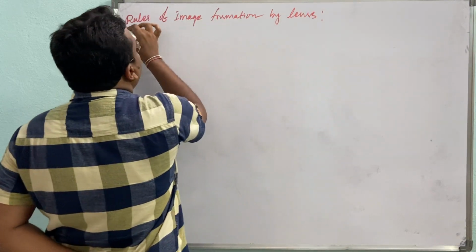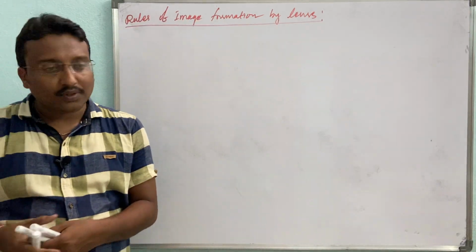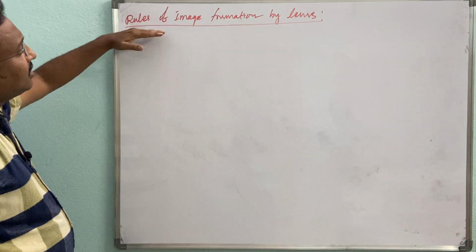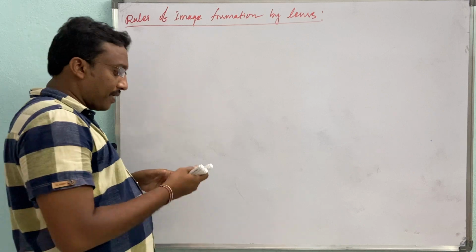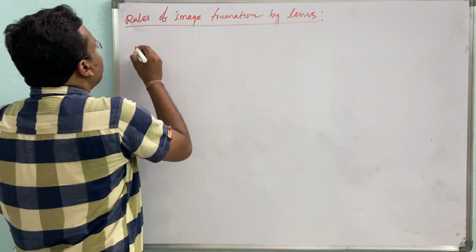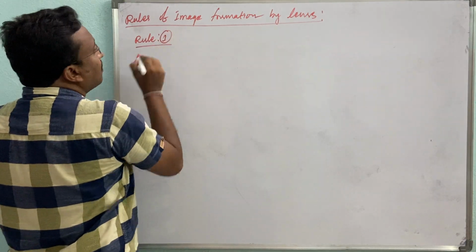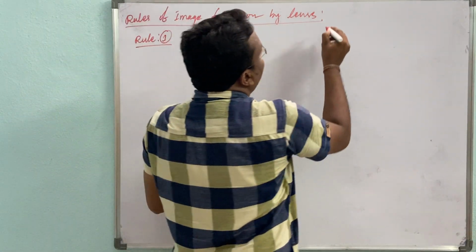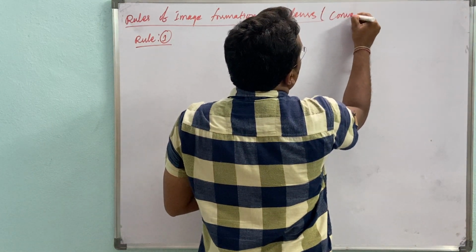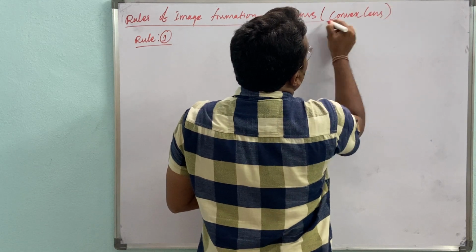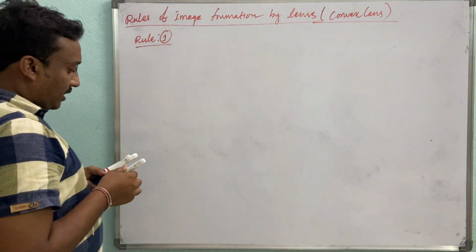Okay, to draw the ray diagrams, we have to follow some rules. Okay, first rule, rule 1, right? Here in case of convex lens, here we are discussing convex lens, right? Rule 1. What is that?